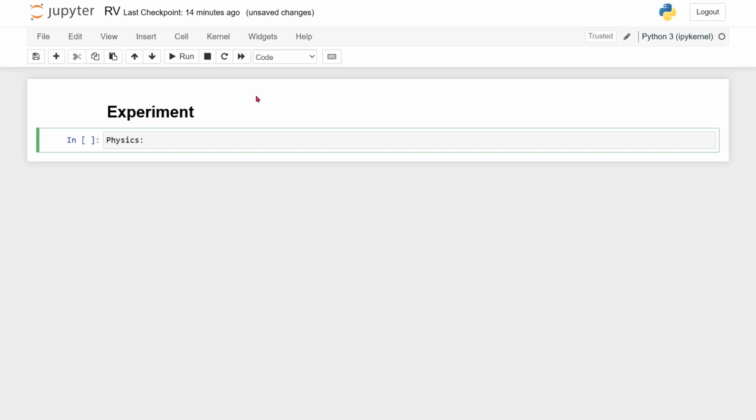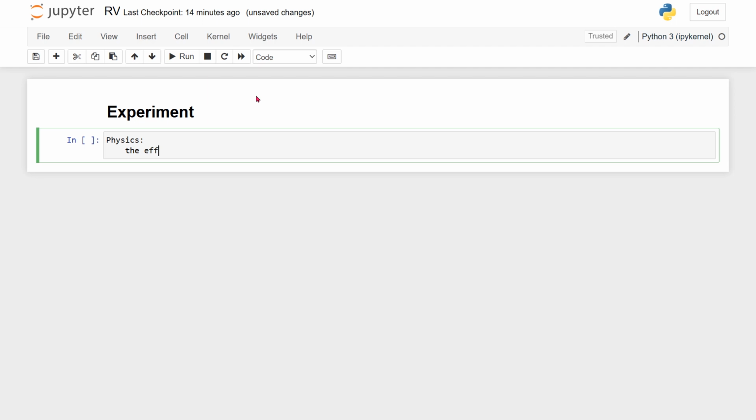A physics experiment investigates the effect of temperature on the expansion of a metal rod. This is one experiment. A metal rod is heated to different temperatures and its length is measured using a ruler or other measuring devices. That is an experiment in physics.